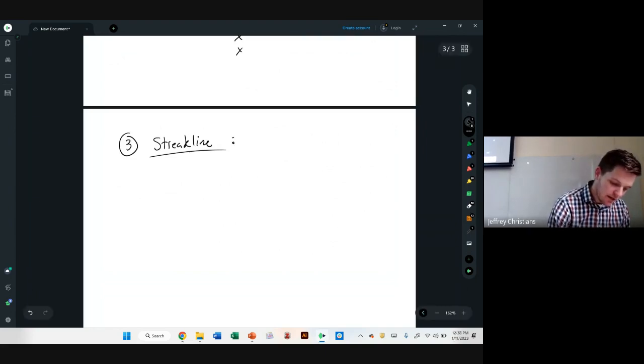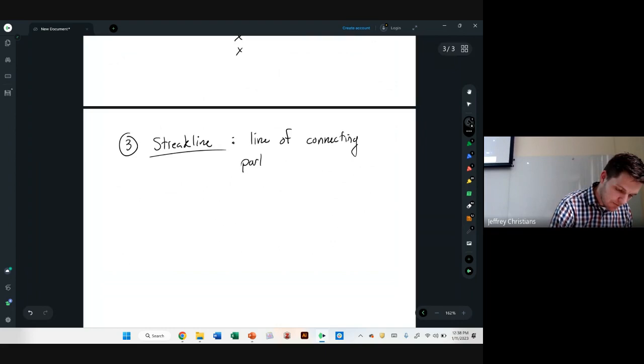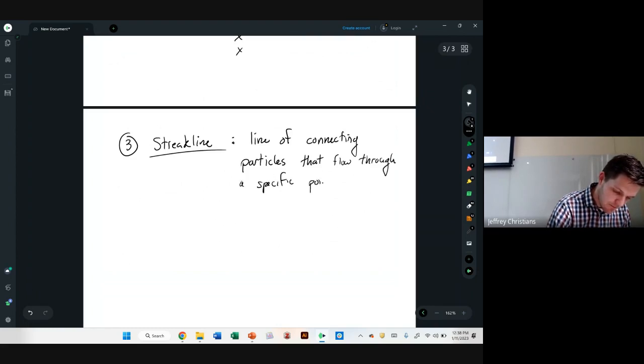This is a line connecting particles that flow all from a specific point.